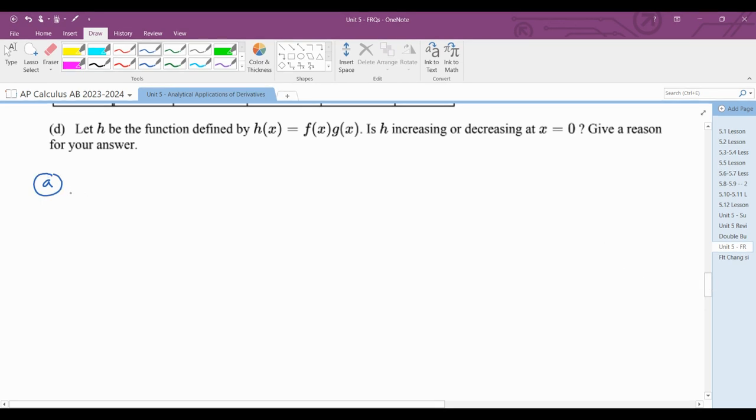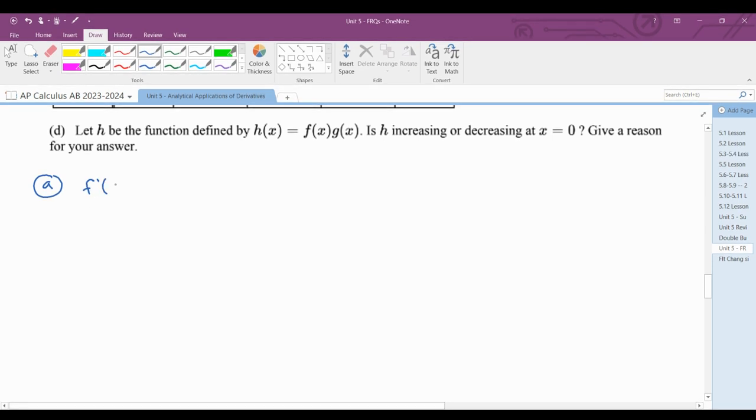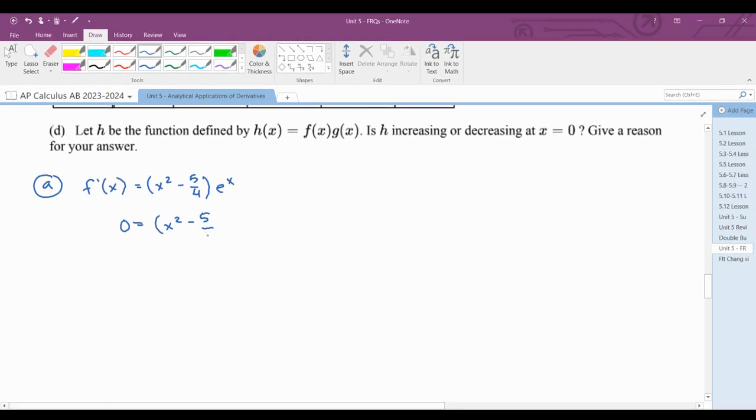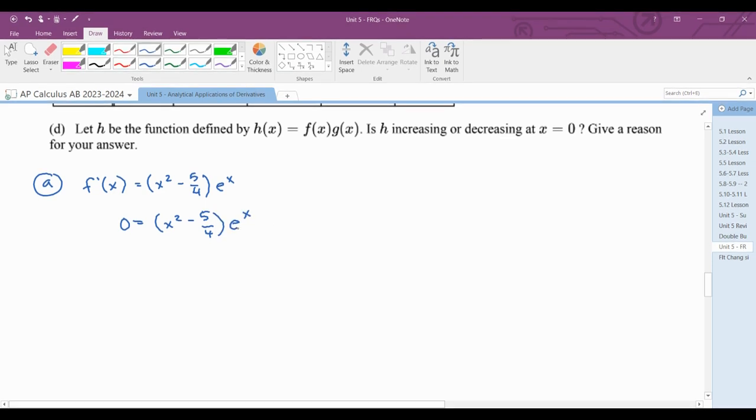But for now, for A, we have our derivative of f, and we want to find out when it's 0 first to find our critical points. So in other words, when is this equal to 0 or undefined? And this function isn't going to be undefined anywhere because you could plug in any value of x.